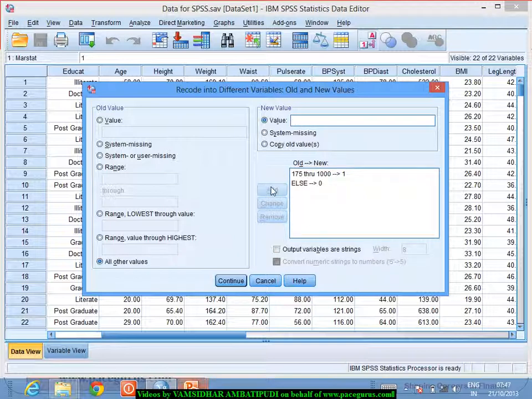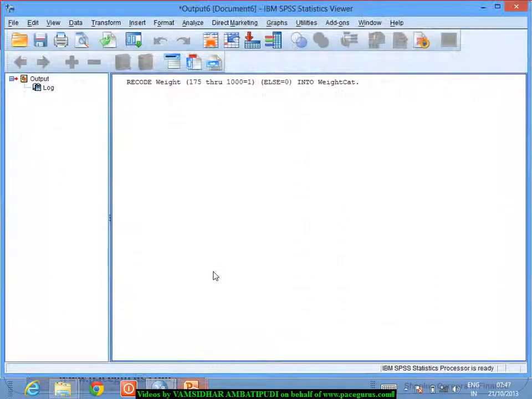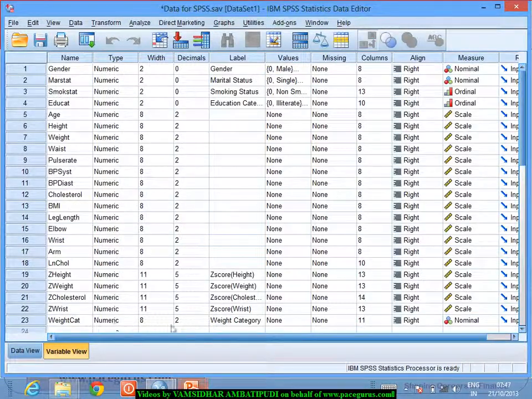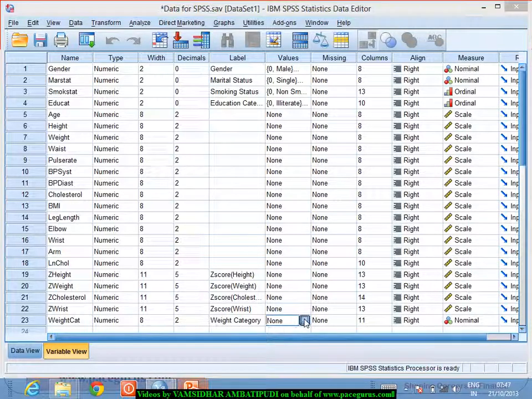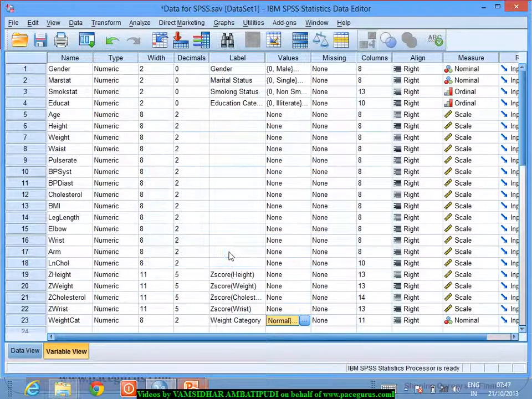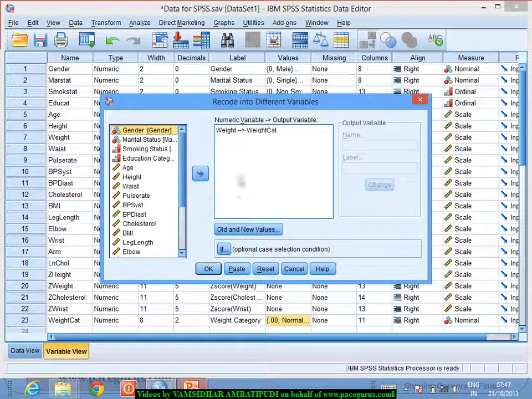So this is the rule I will put, and I will continue. When I do this, a new variable called weight category is created with values 1 and 0. Here I could define 0 means normal, 1 means overweight. We have used that kind of annotation. Similarly, I can recall the same dialog again and do the same. I'll reset.